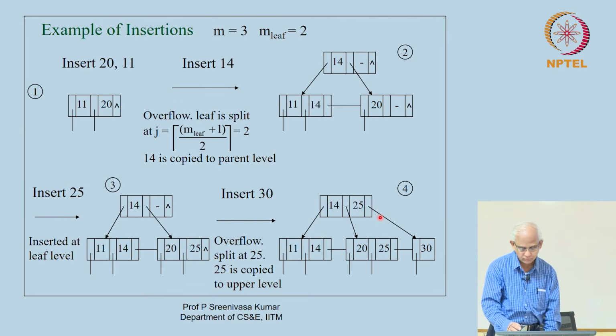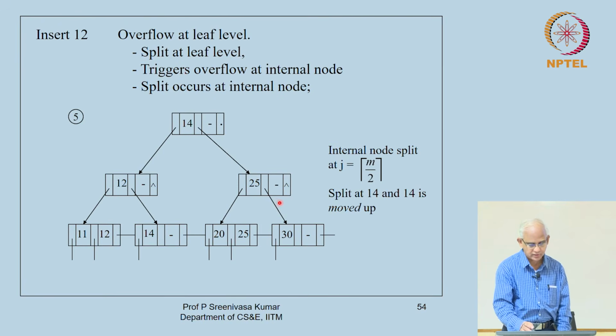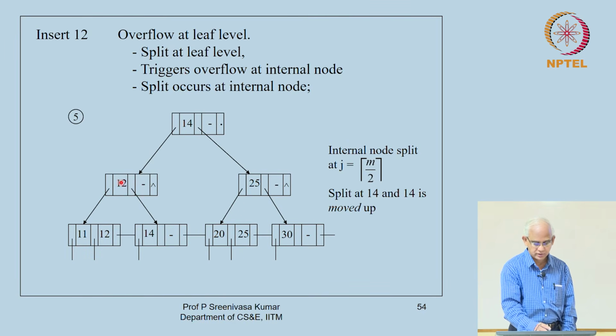Now, in this case, what exactly happens is that the middle key 14 is actually moved up. Since it cannot accommodate 3 keys, we will find the middle key and then move it up. And since there is no parent for this, a parent will be created and then 14 will be inserted here, and the left will come here, right will come here.